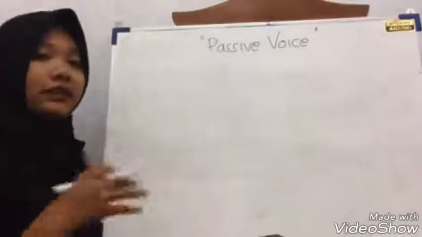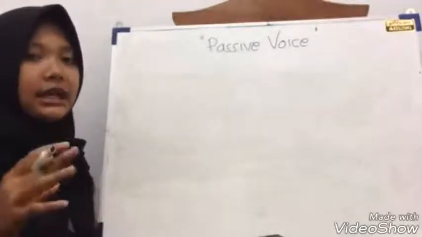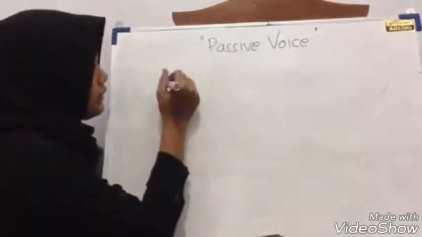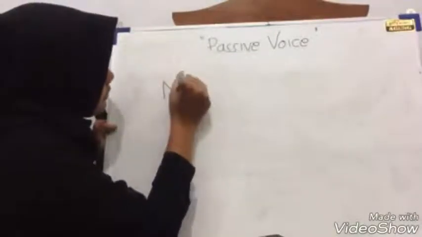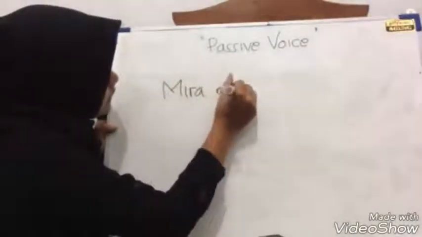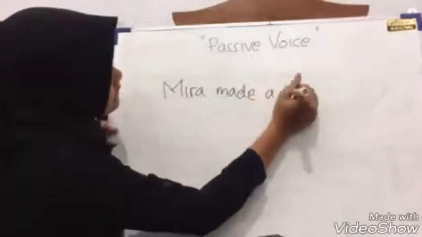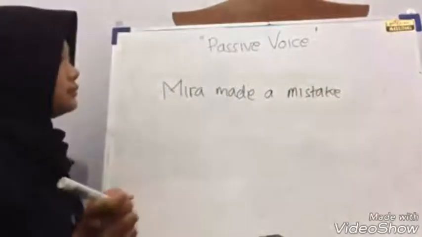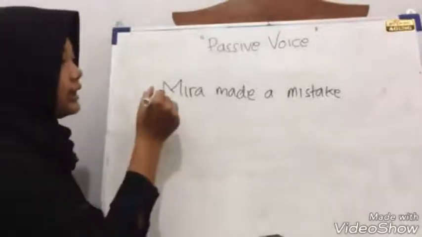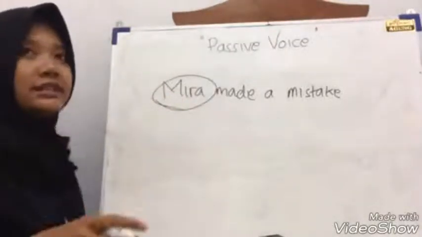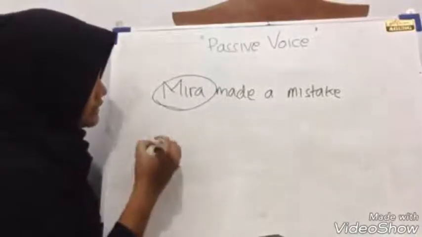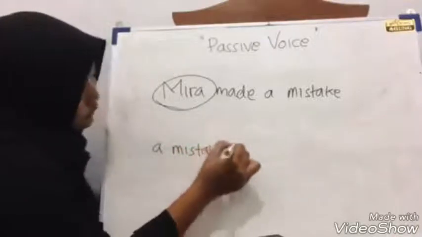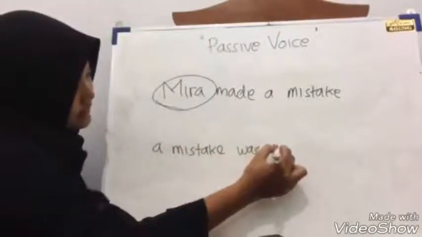Okay, I will give you an example of why passive voice makes the sentence more polite. I will make a sentence here. Mira made a mistake. We know that Mira is the actor, and when we change it into the passive voice, a mistake was made.